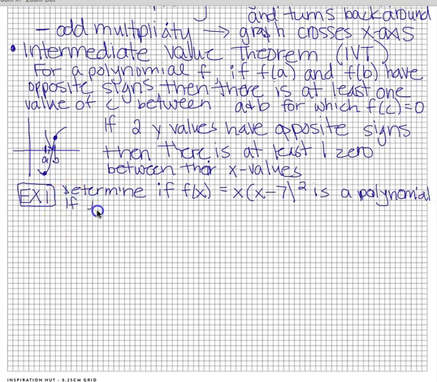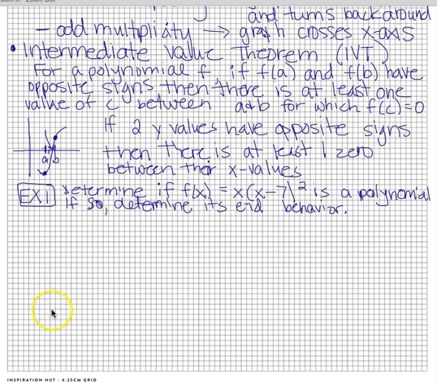If so, determine its end behavior. It's not normally this hard to use.